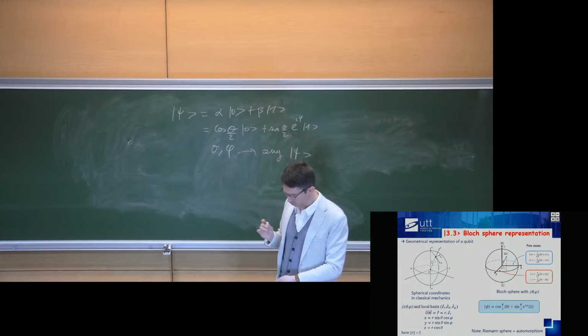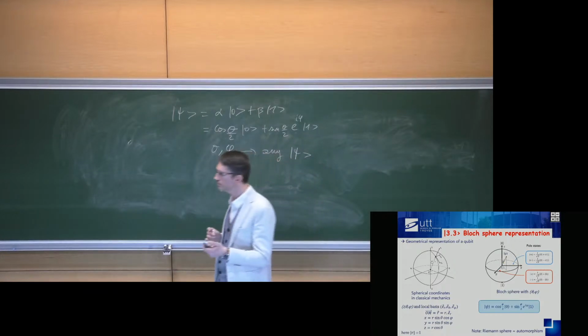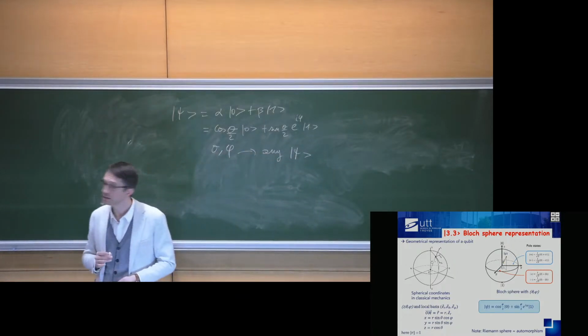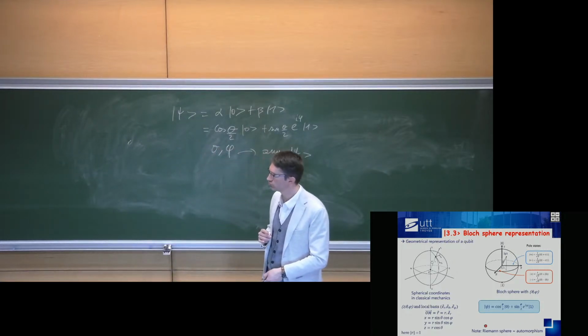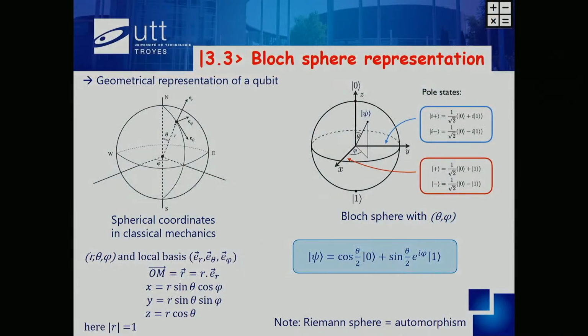A quick note: this representation is what's called an automorphism in mathematics, and for mathematicians it's also called the Riemann sphere.